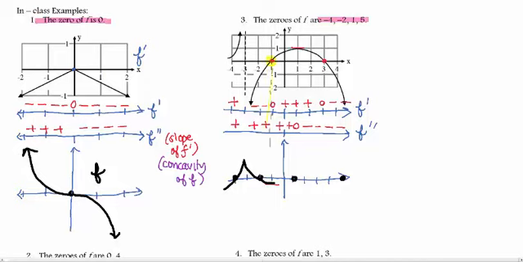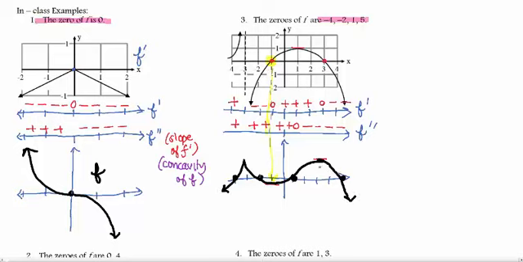From -1 to +1, I have positive slope concave up, so I need to continue and cross through this 0. And then between 1 and 3, it's going to be positive slope concave down, and at 3, I have to have a 0 slope. So somehow this is going to flatten out and give me 0 slope, and then it's going to be negative slope concave down, crossing through the remaining 0.